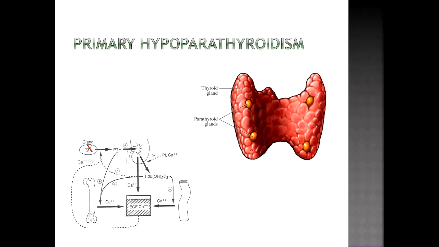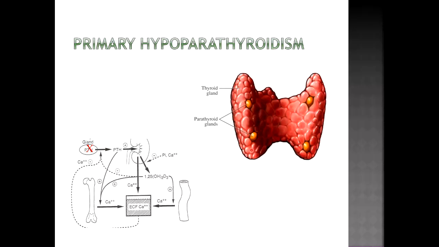Either that, or you got very vigorous when you did surgery and you removed them along with the thyroid glands when you did a thyroidectomy. If you got really vigorous with that, then you might take out the parathyroid glands as well. But usually what we see in naturally occurring disease is an immune-mediated attack on those glands.